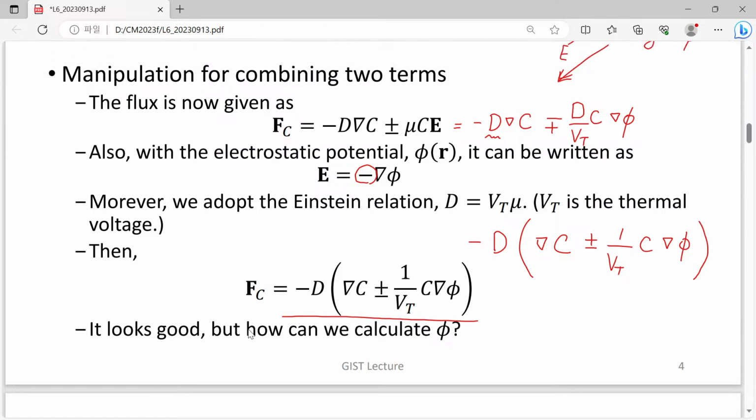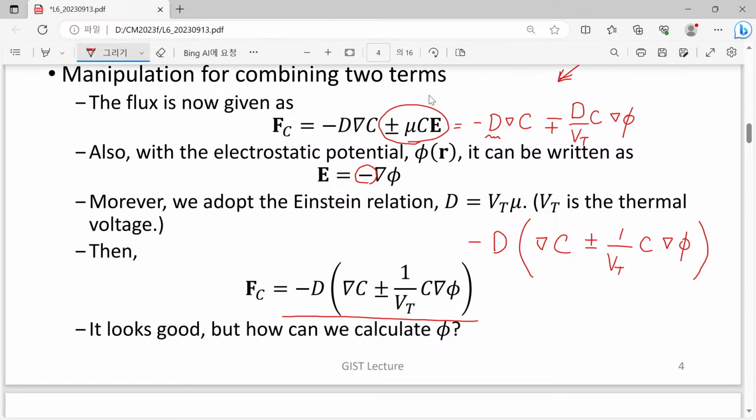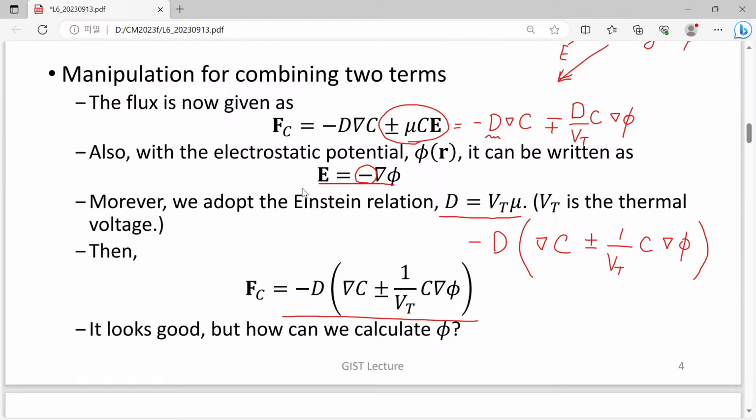Do you have any question about my derivation? Starting from a very obvious expression for the flux with the diffusion form, I have introduced the electrostatic approximation and the Einstein relation. Of course, which one is weak or just an approximation, and which one is quite acceptable? The electrostatic approximation is quite good.